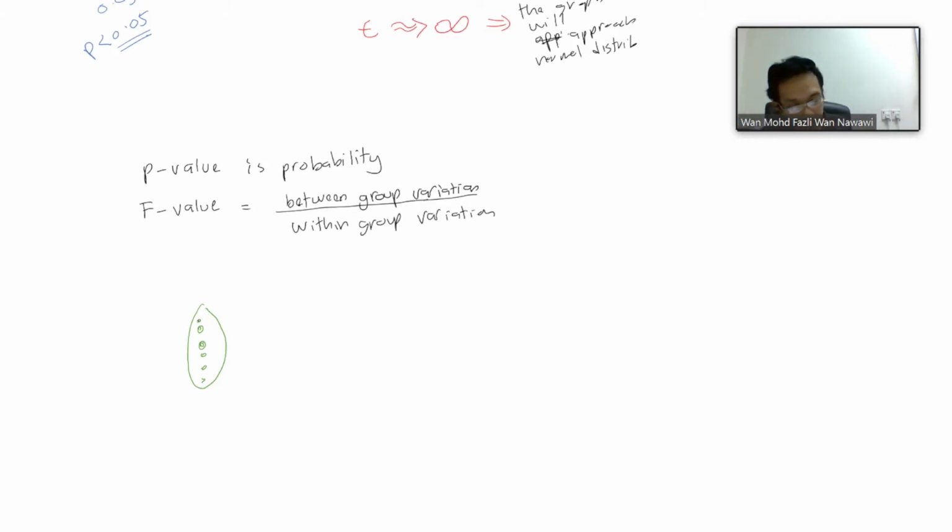Let's say you have multiple groups, and the data inside them is different. I mean the spread is different. So this is what we call between group.